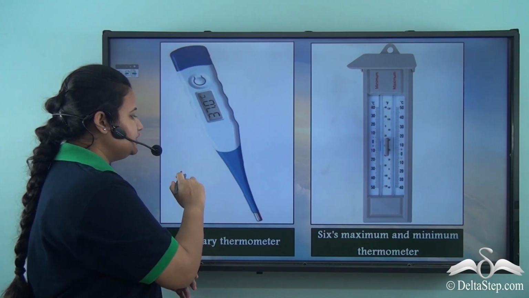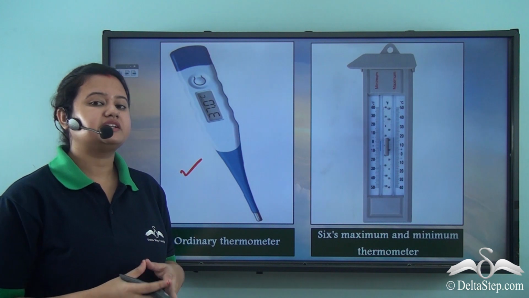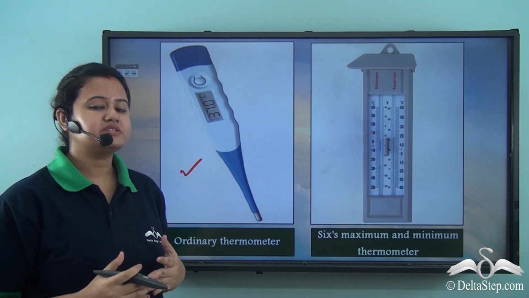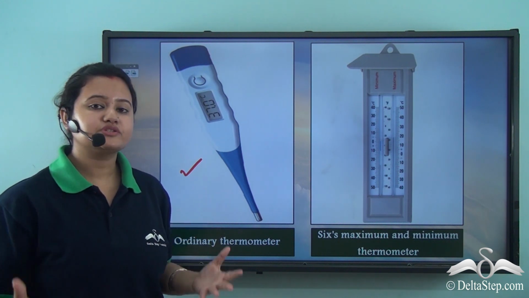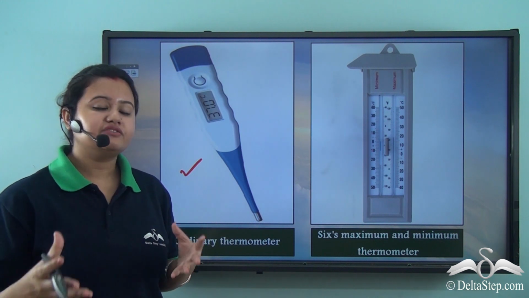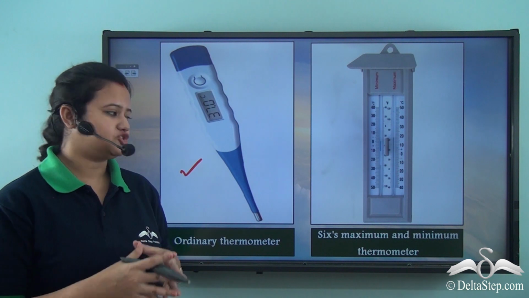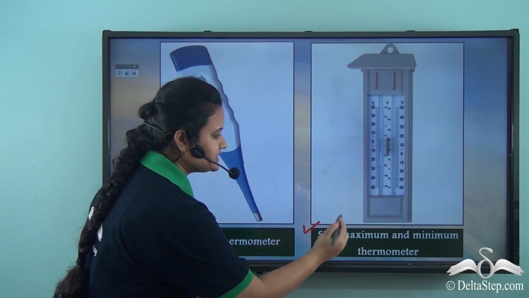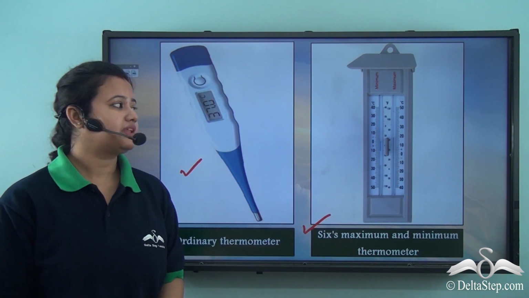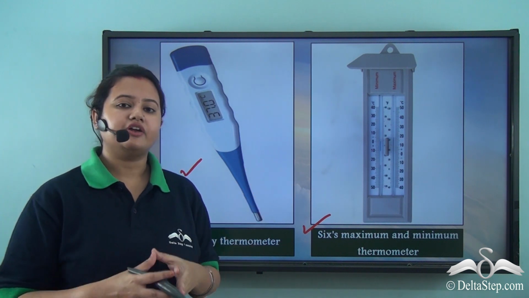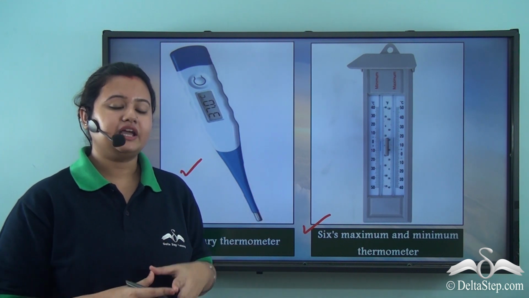However, this ordinary or clinical thermometer that is used by us at our homes does not help to measure atmospheric temperature. So, the device or the instrument that is used for measuring atmospheric temperature is known as Six's maximum and minimum thermometer. Now, this thermometer records the temperature of the day twice.